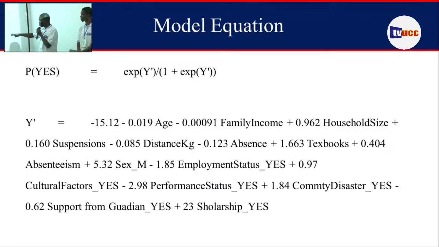For instance, scholarship awards contribute greatly, whilst the performance of a student contributes very minimally. And when you look at a person's sex, that talks about sex discrimination, which also contributes to the model very significantly.